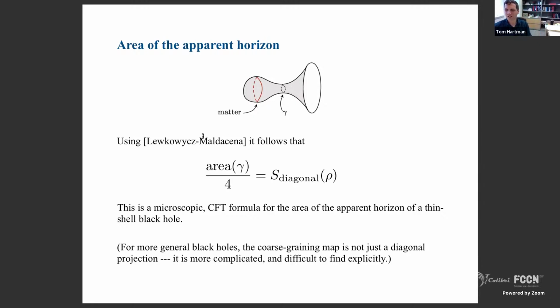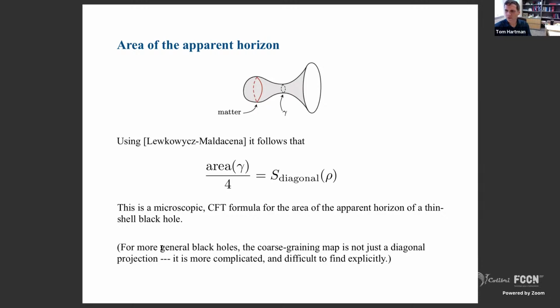Well, now we know, since these wormholes are associated to replicas around that surface, the results of Lewkowycz and Maldacena on the gravitational replica trick tell us that the diagonal entropy is calculating the area of this apparent horizon. So this is our microscopic CFT formula for the area of the apparent horizon of a thin shell black hole.